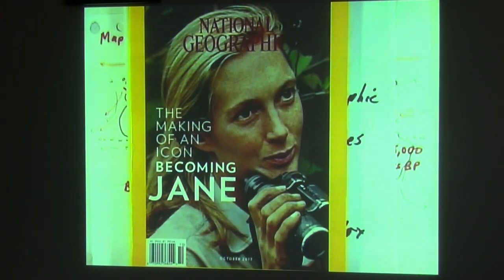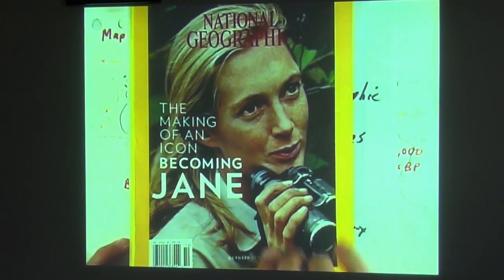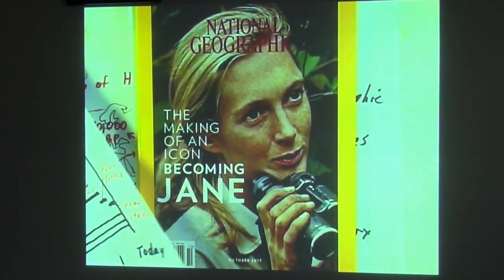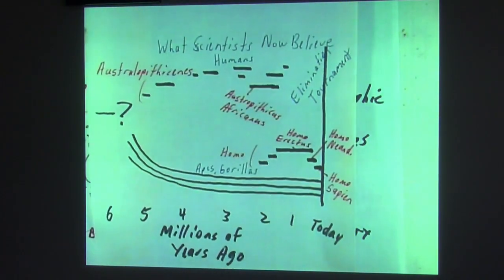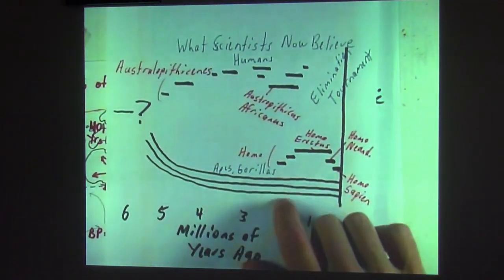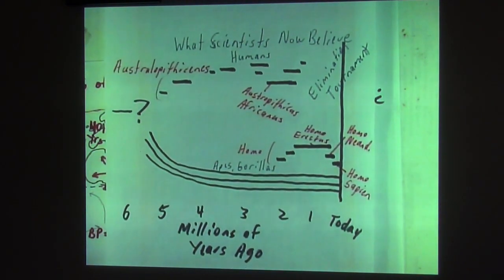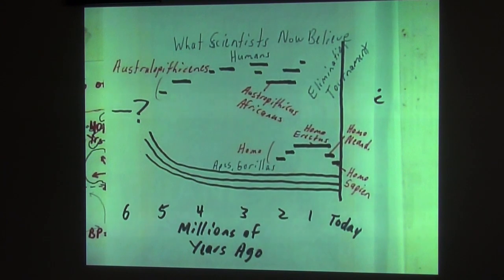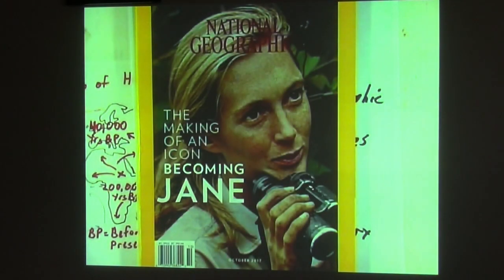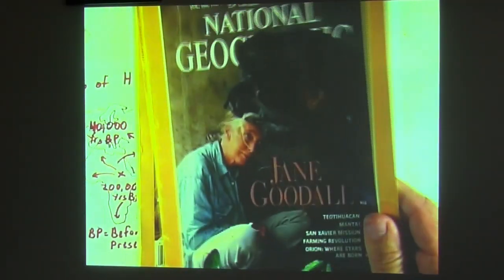And the reason why she was interested in the study of chimpanzees is because of this timeline, and the argument being, who are humans' closest cousins? Well, other primates, the apes, the gorillas, the chimpanzees. So she has spent her whole life studying chimpanzees in Africa, and she's world renowned.